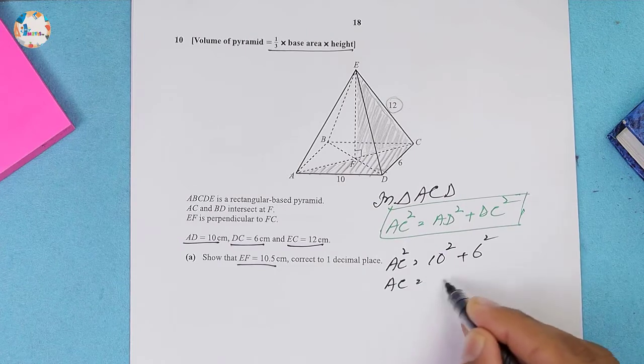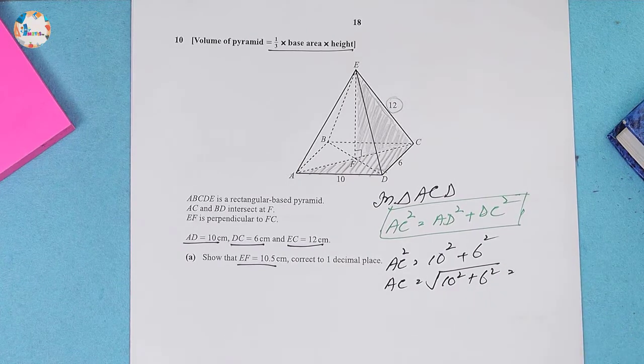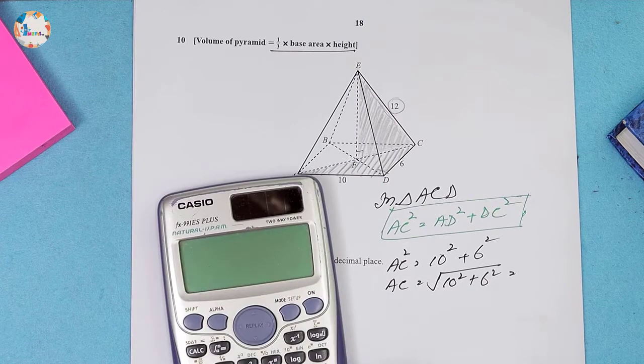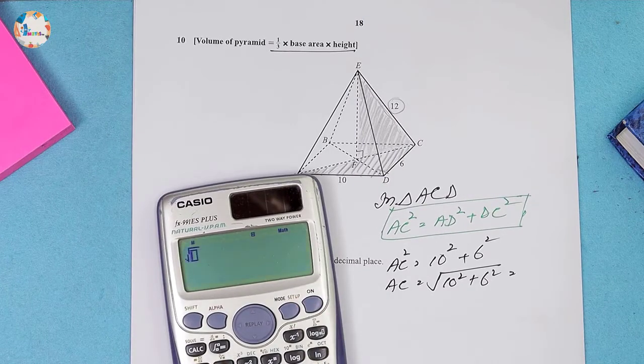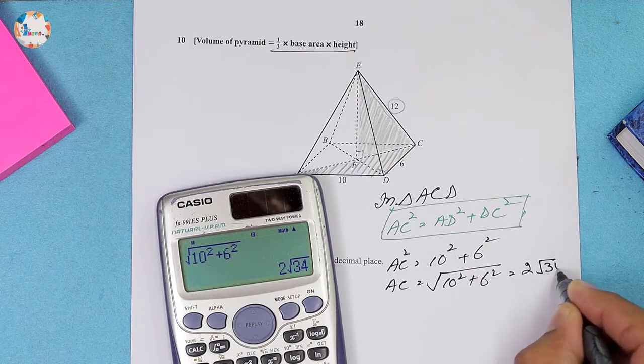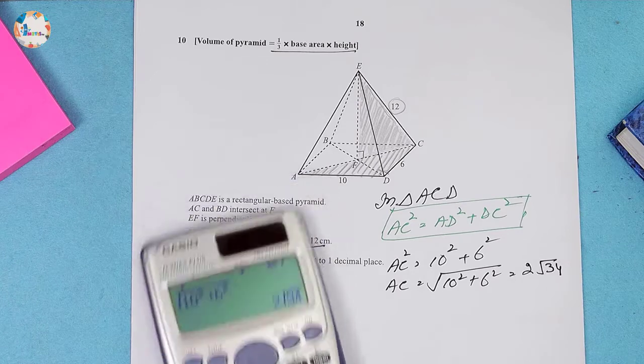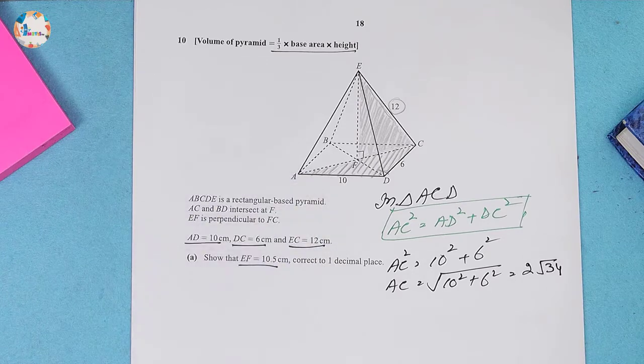So AC will be equal to root of 10 squared plus 6 squared, and this will be equal to 2 under root of 34. Decimal value also we can take, but I'm taking this complete value. I don't want to lose this.